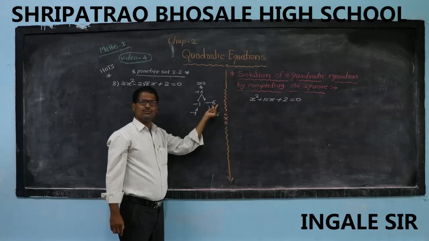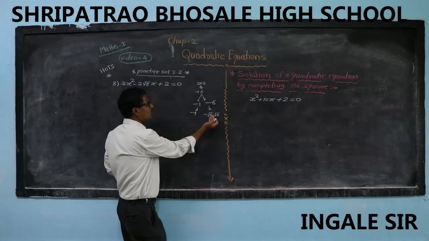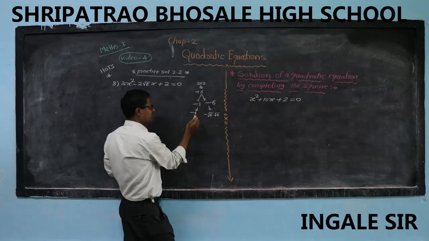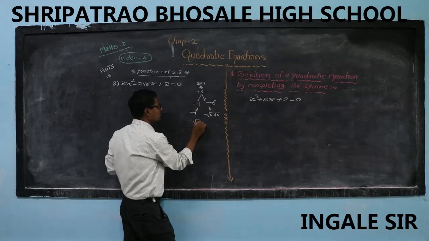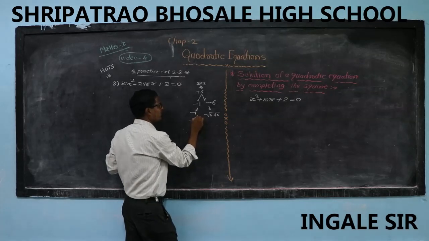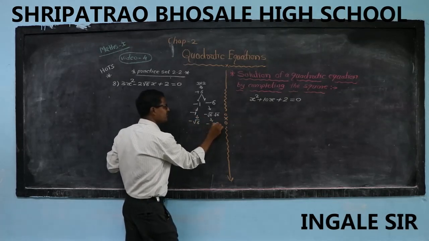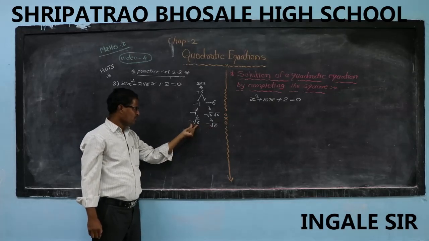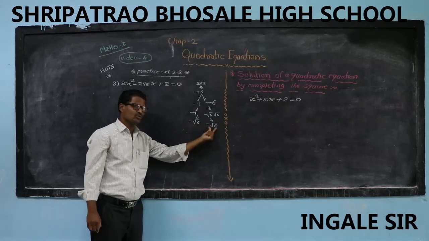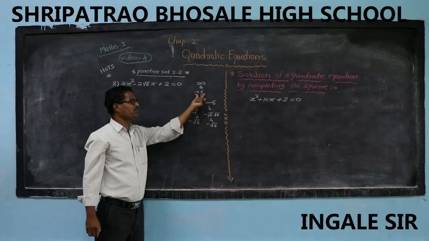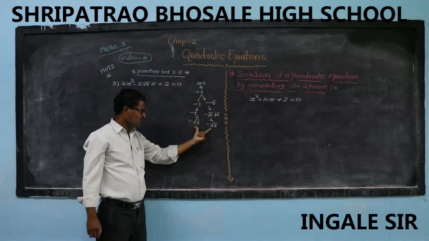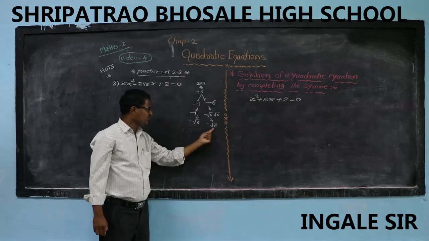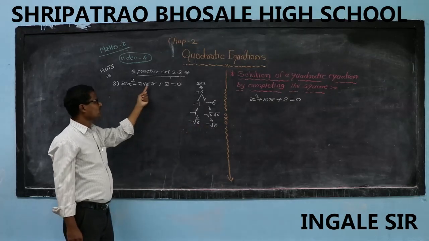Root 6 into root 6 means 6. So the first is minus root 6 and the second is minus root 6. The product of minus root 6 and minus root 6 is plus 6, and the sum of these two, minus root 6 minus root 6, is minus 2 root 6.